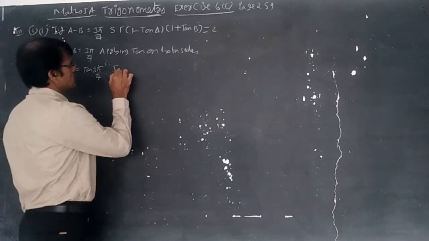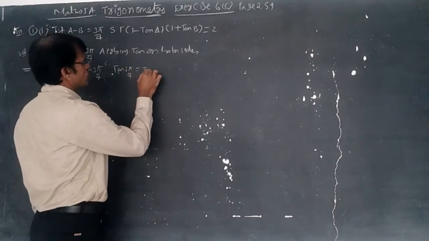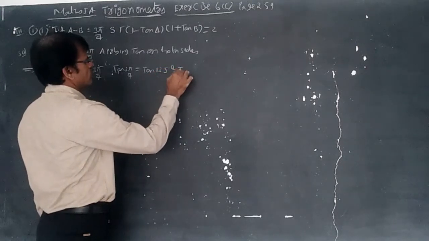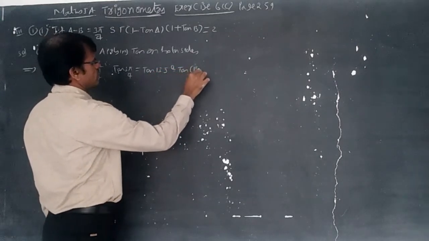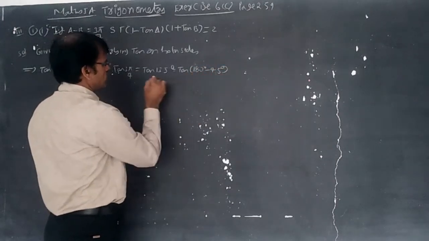Here tan 3 pi by 4 means tan of 135 degrees. Tan of 135 can be written as tan of 180 minus 45 or 90 plus 45.